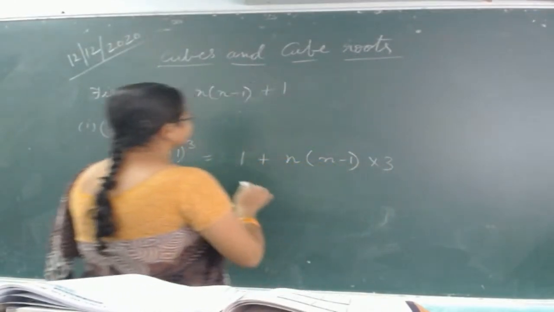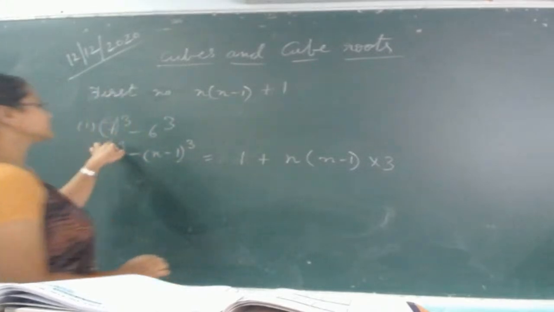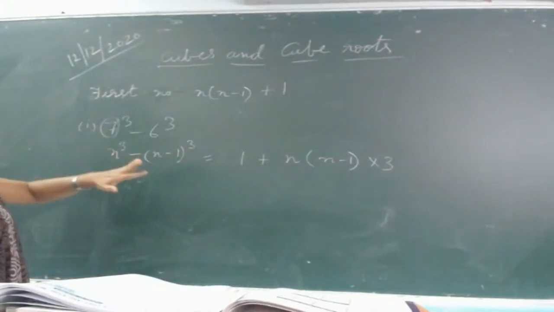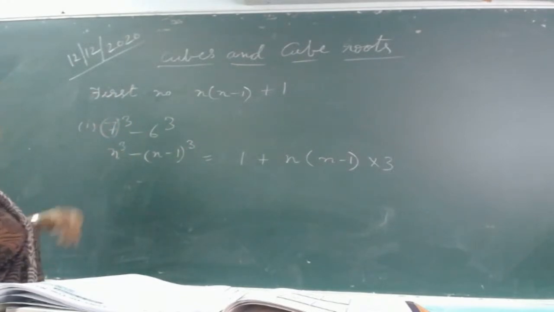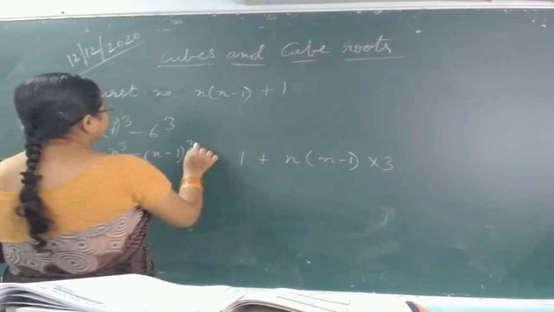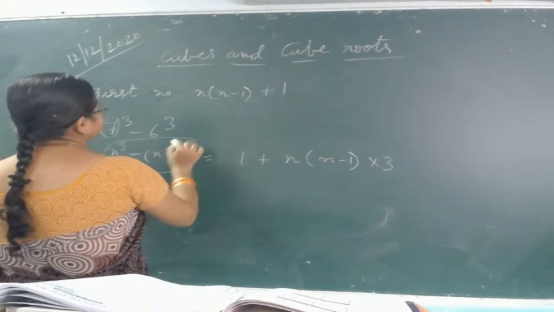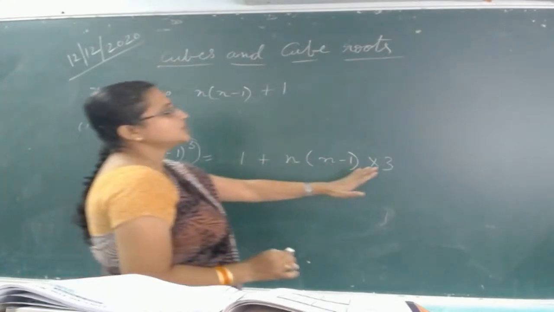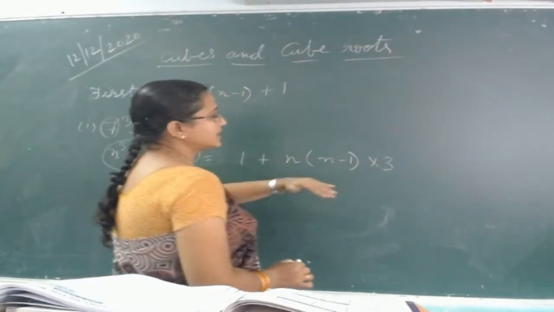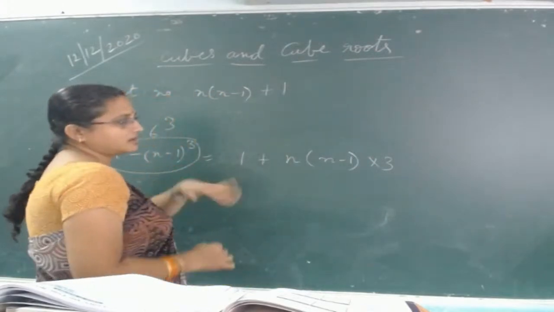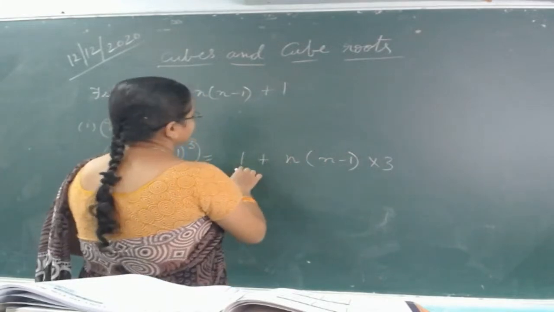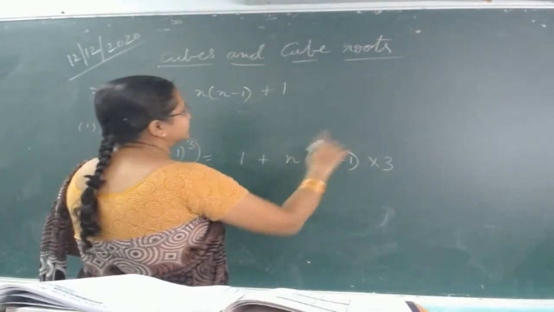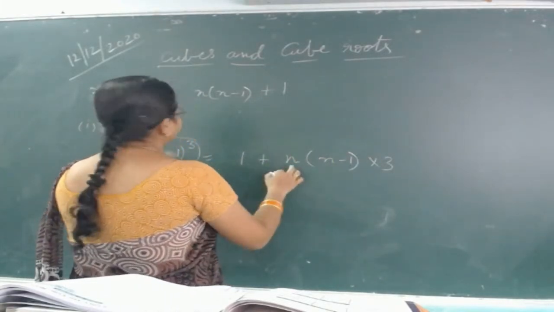For getting it, you have one more formula to solve this sum. If you are given the sum to find the value of 7 cube minus 6 cube, then there is one formula. If you are not ready to remember this one, nothing happens, but try to remember this formula. Try to learn it by heart; at least it should be in your mind. So that is equal to 1 plus n into n minus 1 into 3. So here n is equal to 7.